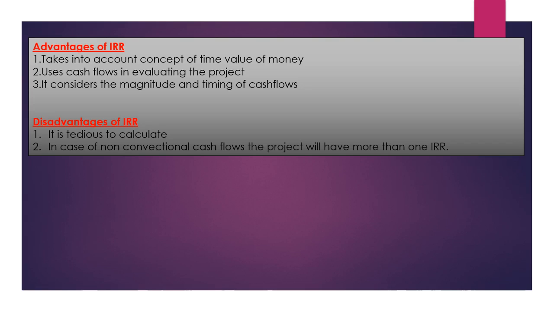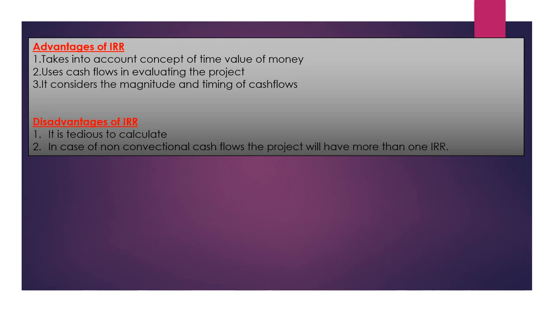Disadvantages of IRR: it is tedious to calculate, as you have seen, very long, and takes a lot of time. It's not like the NPV and the profitability index. Also, in case of non-conventional cash flows, the project will have more than one IRR.